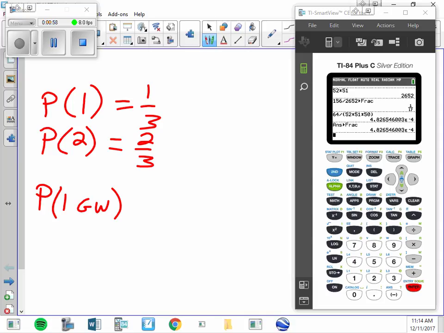What is the probability of getting a 1 if you know that you have a white? 1 out of 3. What is the probability of 1 given you have a black? 1 out of 3. Is that the same? So the probability of 1 is the same as the probability of 1 if you already know the color.